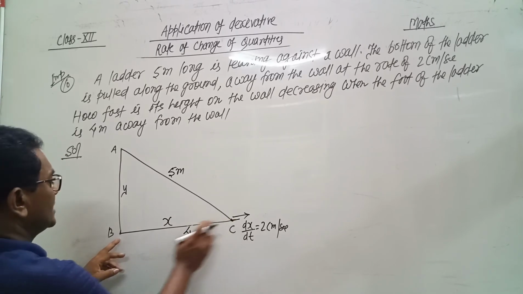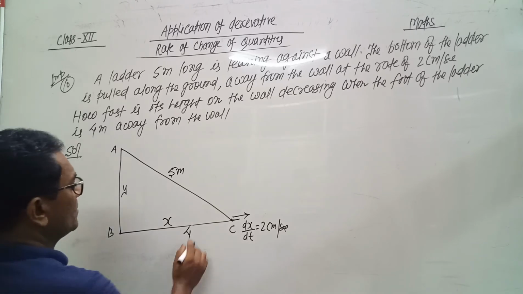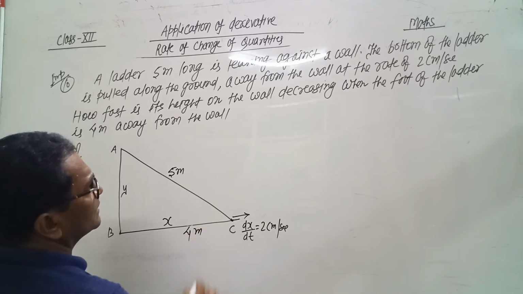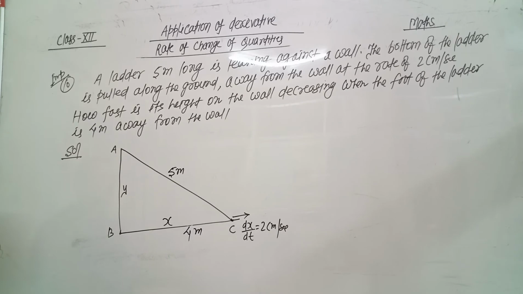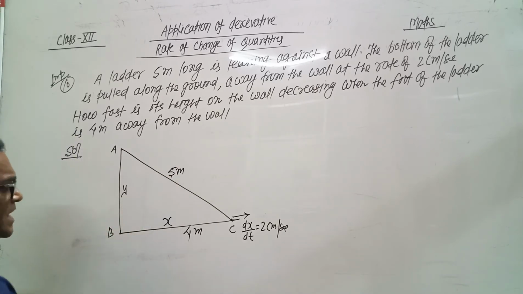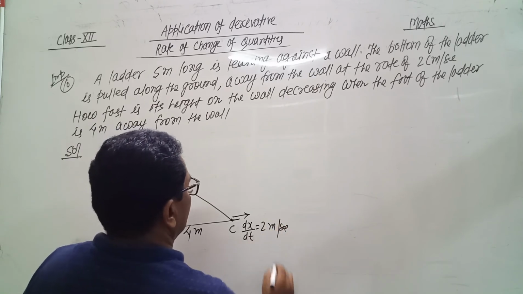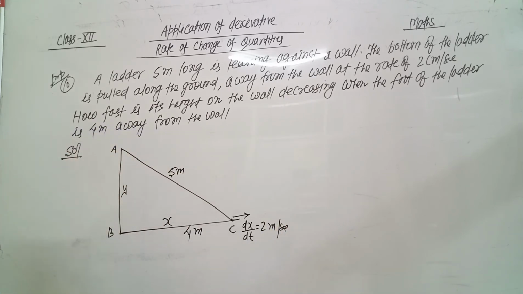The distance of the foot of the ladder from the wall is 4 meter, this is 5 meter, and dx by dt is 2 meter per second.